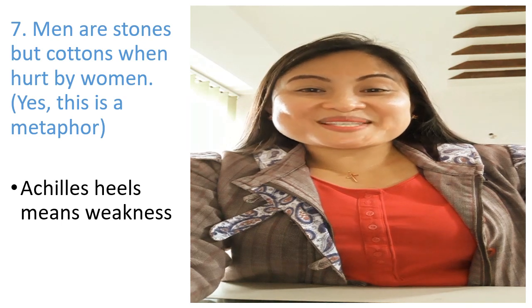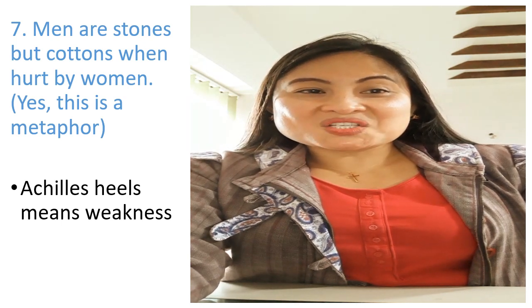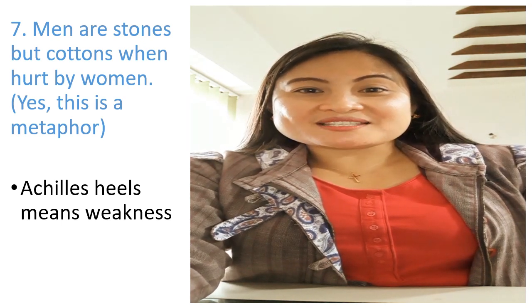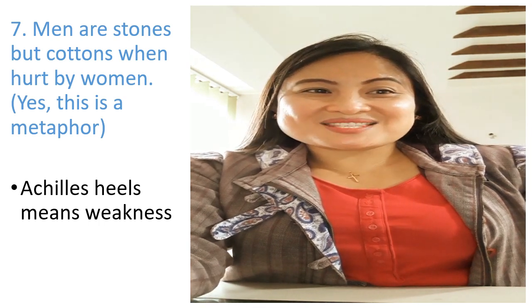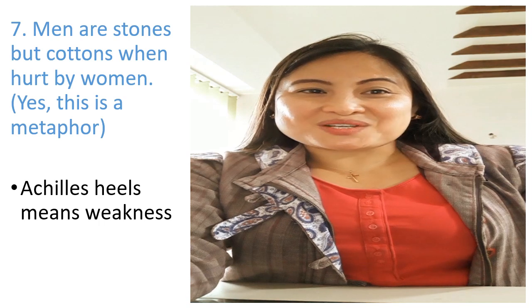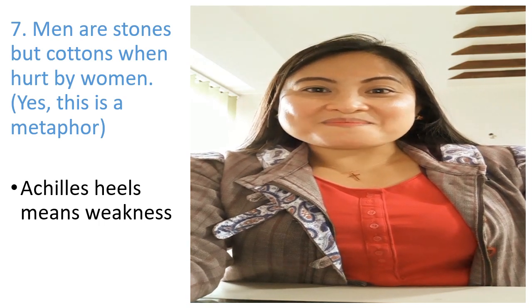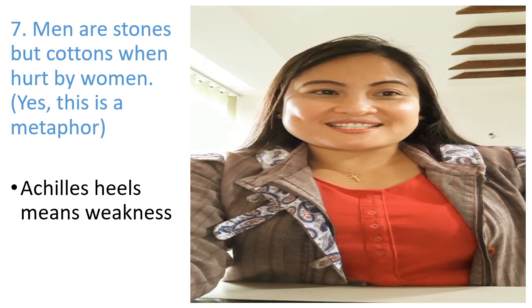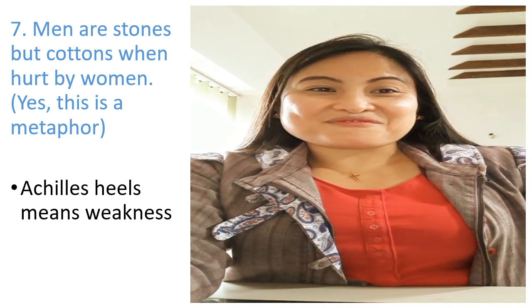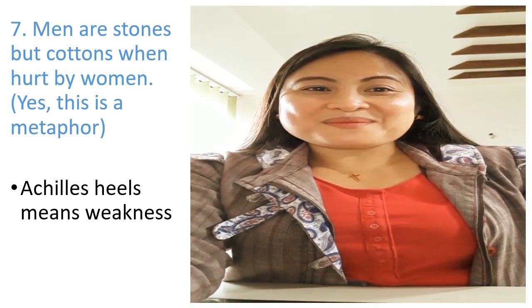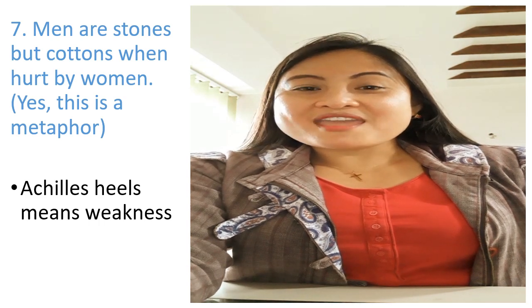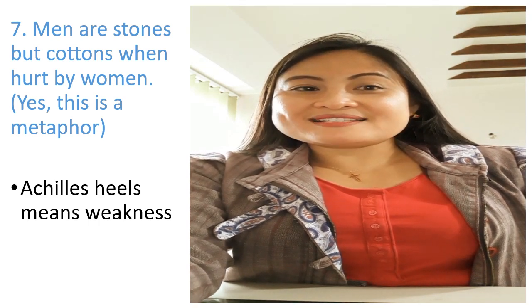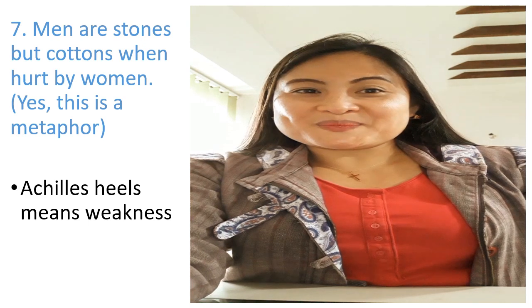Sentence number 7. Men are stones, but cottons when hurt by women. Yes, this is the use of figurative language by comparing men to stones and cottons. This is my favorite sentence. I believe that men maybe are tough, but they also have their Achilles heels, who are women.